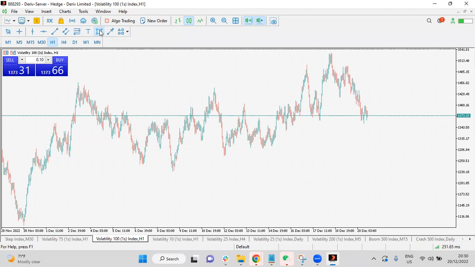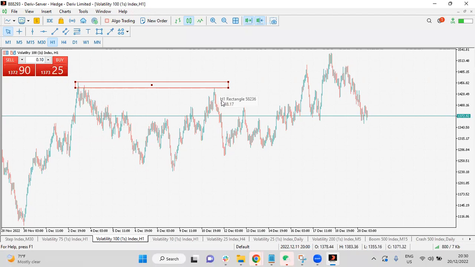Technically, the buy side is called the resistance side. You see the way this one came and reacted to this level. Now, when you are near resistance, it's called premium. And when you are near support, it's called discount. So you are told you don't sell at discount and you don't buy at premium.